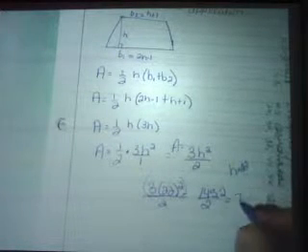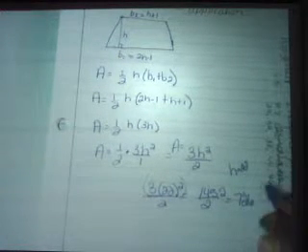Just put 3 times 22 squared. That'll be 1452 divided by 2. Okay, divide that by 2. We know that the area of this trapezoid is 726 inches squared.